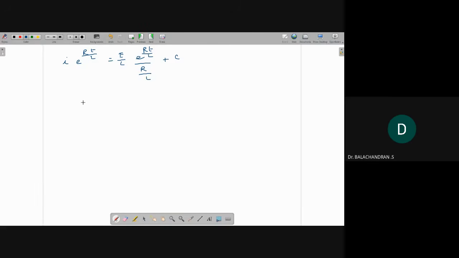Throughout divide by e power RT by L, you will get I equal to E by R plus C divided by e power RT by L, or you can write e power minus RT by L. So this is the solution.